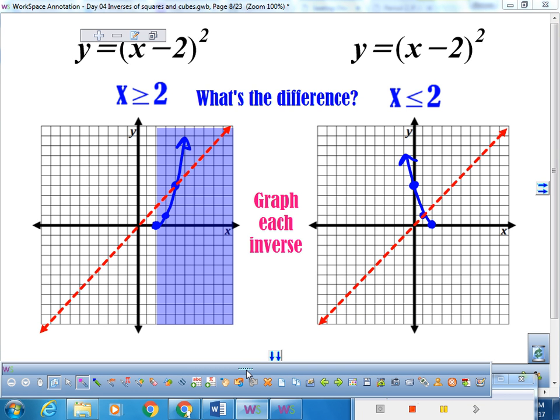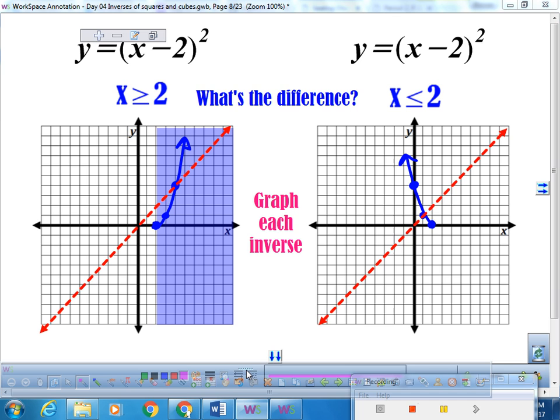I'm going to take these points, right? Or I can take the equation and I'm going to switch x and y. Correct? So when I switch x and y, 2, 0 is going to become what? 0, 2. Does that look like it reflects over y equals x? And then 1, 2, 3, 1 is going to be 1, 1, 2, 3.